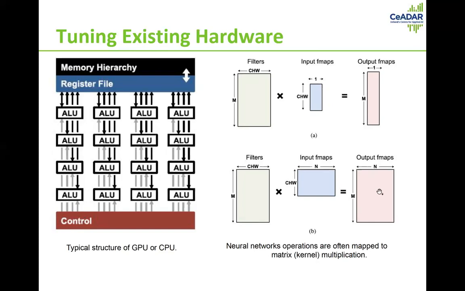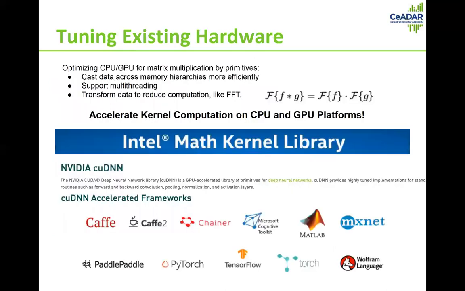Now, what we have done here is we have in fact simplified this problem a bit. What we need to do to speed up neural networks or have them consume less energy on a traditional GPU or CPU is just optimize these matrix multiplications. And there are many ways to do so.